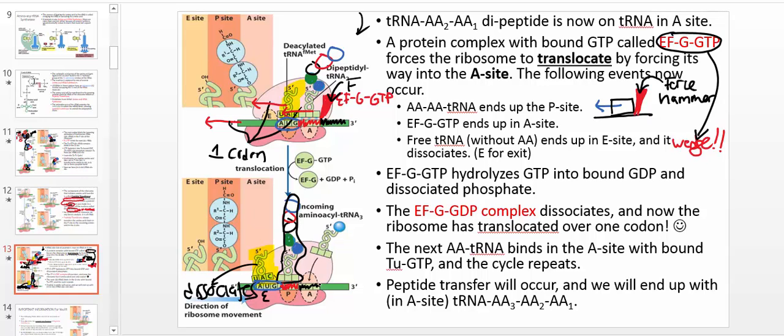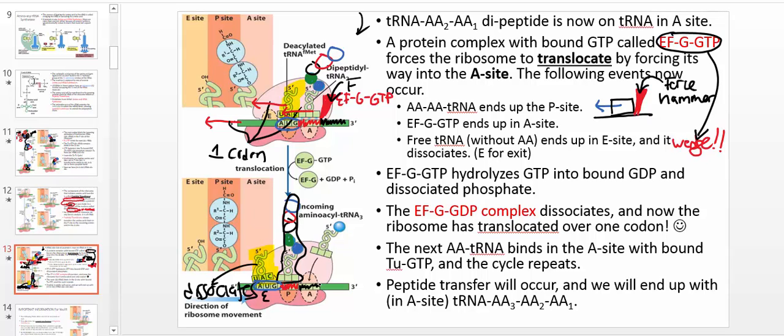So hopefully you can see that when that EFG GTP comes in and acts as a wedge, whatever's in the A site and whatever's in the P site on the mRNA essentially migrate over one codon, in this case to the left.